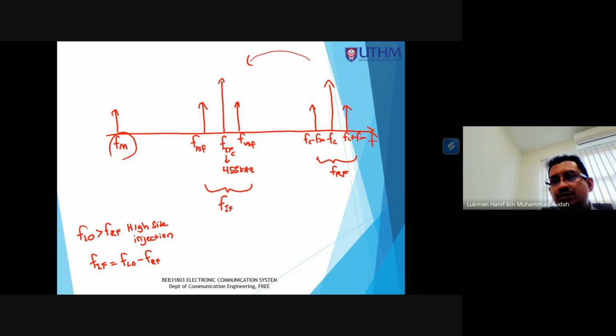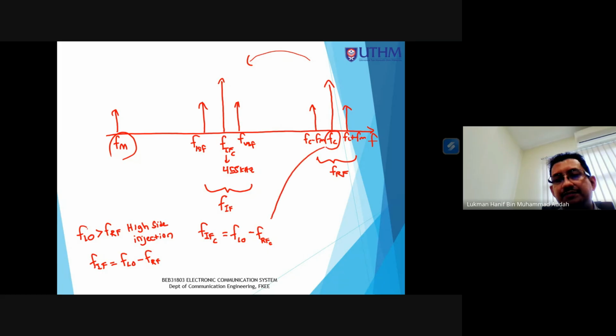If I want to find the FIF center, for example, this is equal to FLO minus the FRF center. FRF center is referring to the center frequency over here.